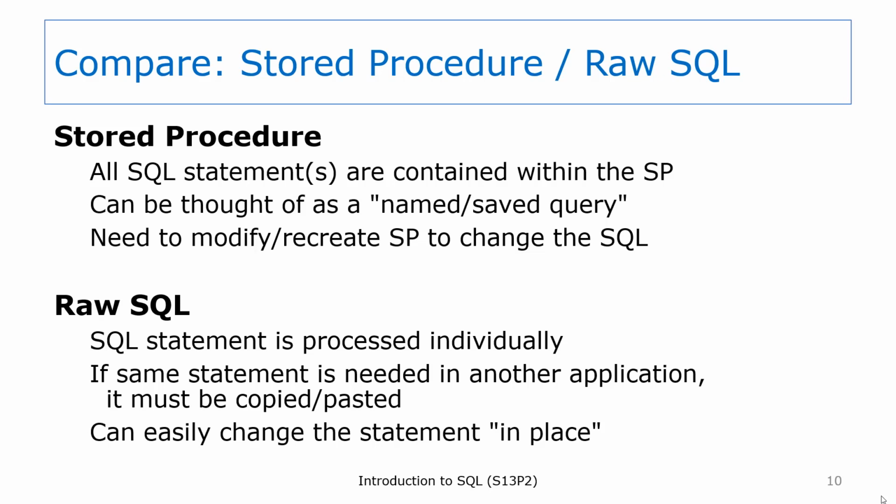Now, by all of the SQL statements, I don't mean all of the SQL statements in your application. I mean all of the SQL statements that are used for that particular stored procedure. There might be one or there might be several. You can think of a stored procedure as being a named or saved query. Once you create the stored procedure, you can invoke it by its name.